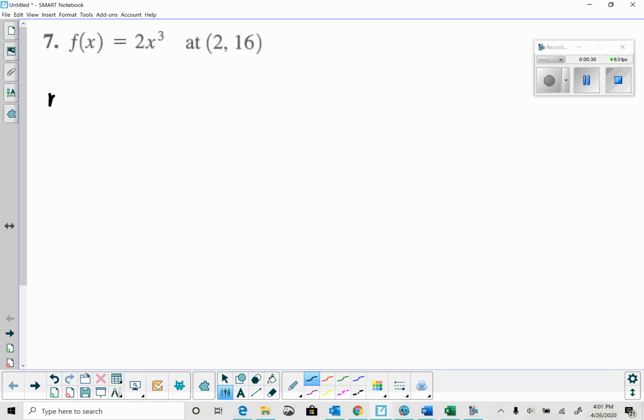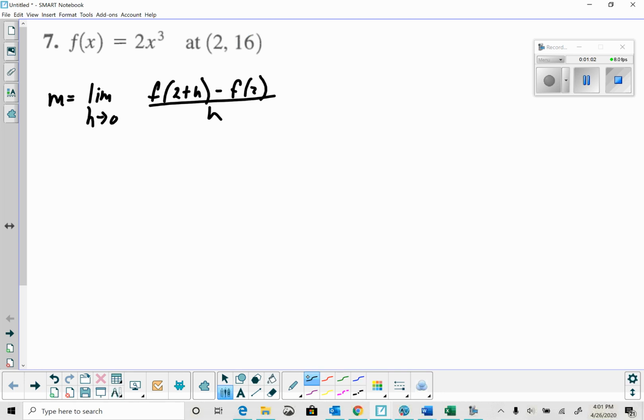So the slope of the tangent line is the limit as h approaches 0. I'm going to use the h definition on this one here, of f of 2 plus h minus f of 2 all over h. And again, the 2's both come from our x coordinate.